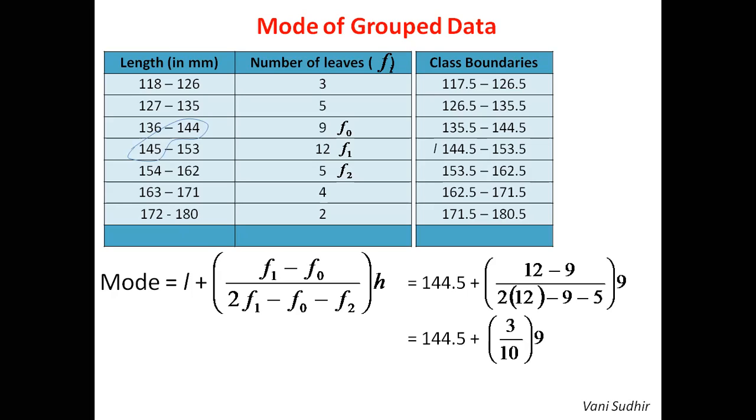Now 3 by 10 is a decimal fraction. So multiply 3 by 9, that is 27. 27 by 10 is 2.7. When we add 144.5 and 2.7, we get 147.2. Hence, the most common length of the leaves is 147.2 millimeters.